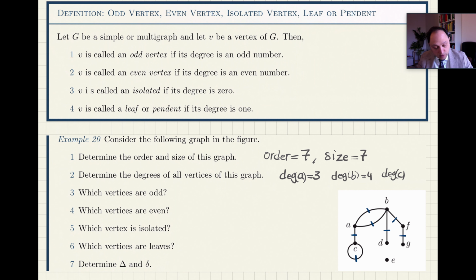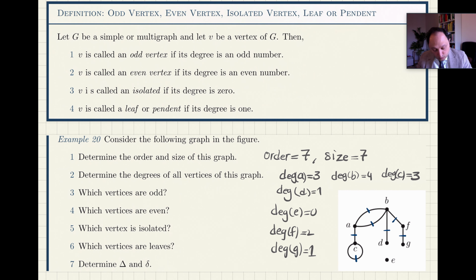So the degree of C is not 2, be careful. This is the only problematic one. So that is 3, and then the degree of D is 1, the degree of E is 0, yes, the degree of F is 2, and the degree of G is 1.